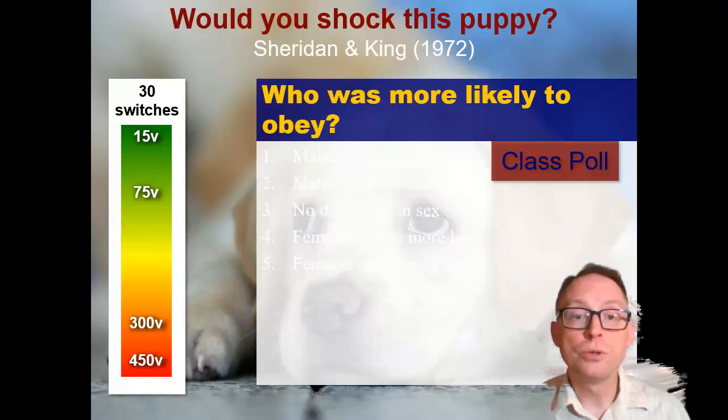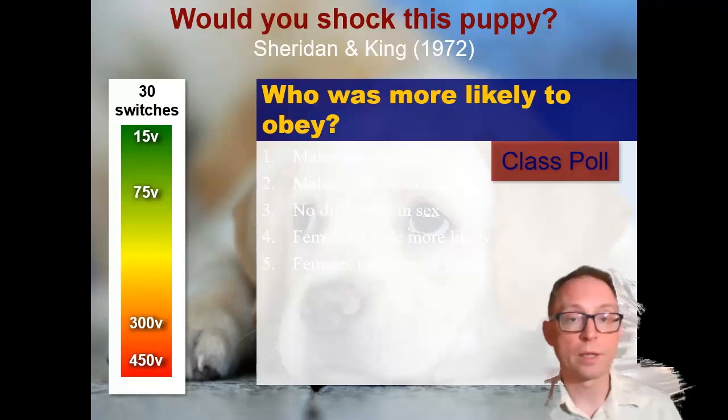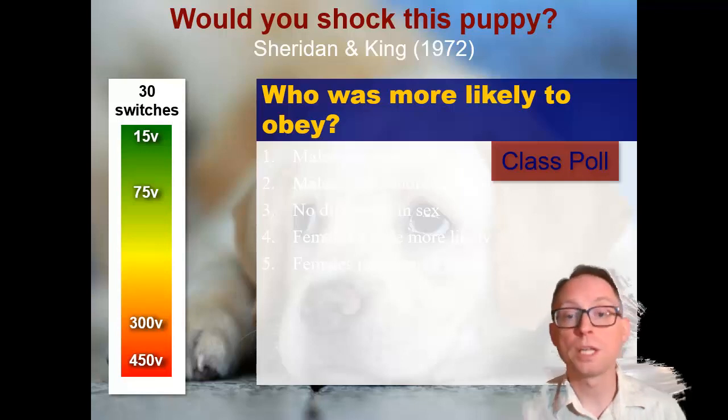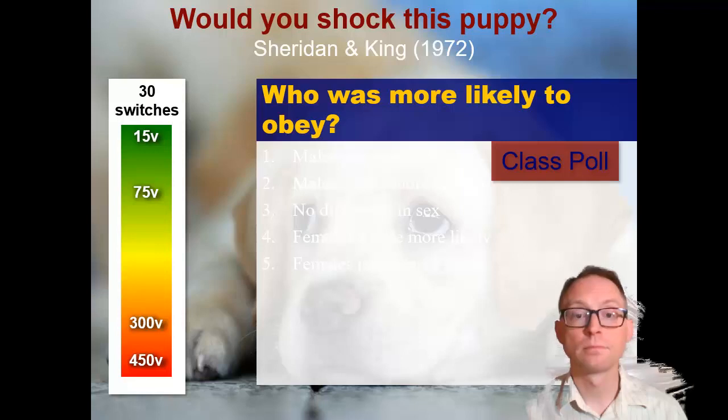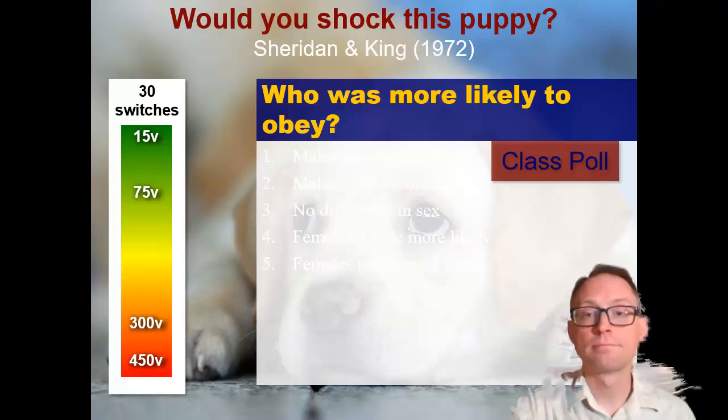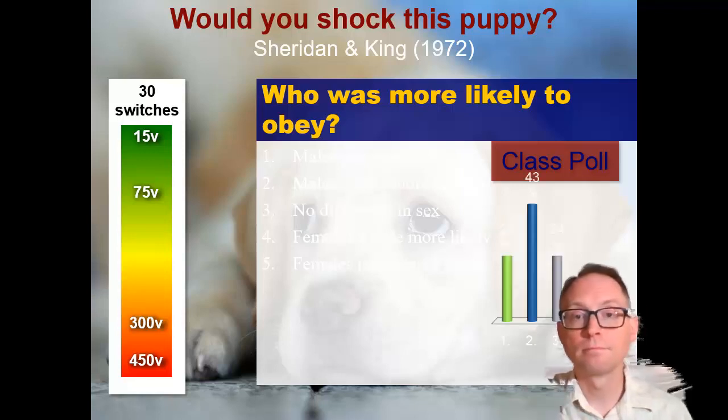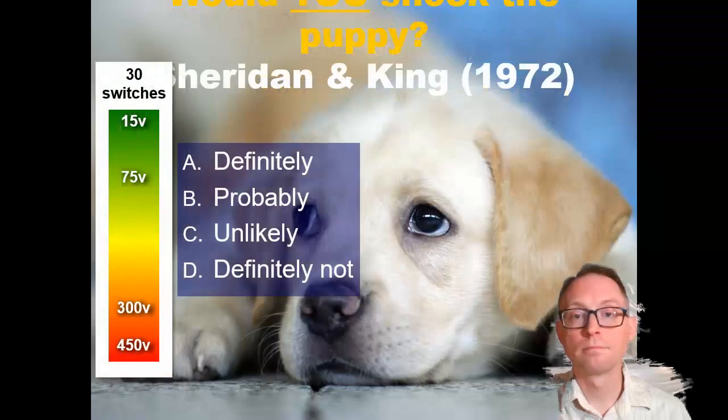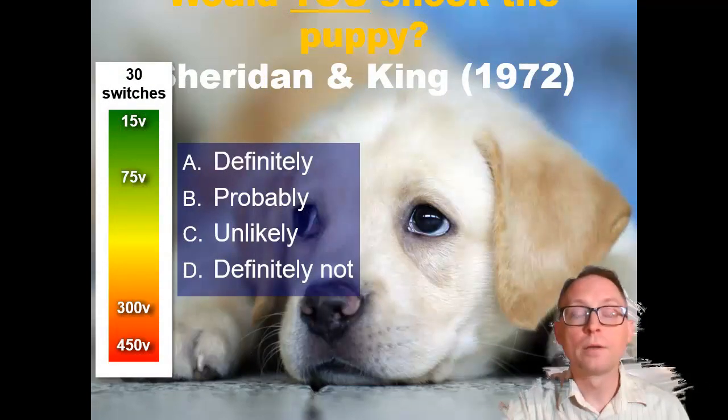Do you think that males were more likely to give all the shocks or females were more likely to give all the shocks? Or was it equal? If you were there, would you have given all the shocks?